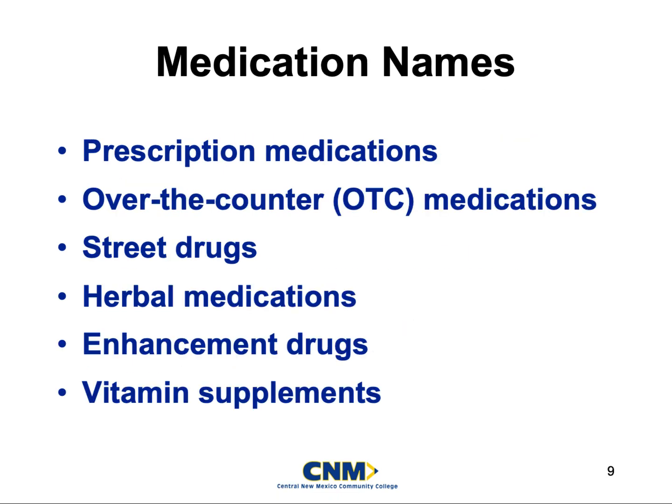For medication types, we also have prescription medications, over-the-counter medications, illicit street drugs, herbal medications, some enhancement drugs such as your steroids or human growth hormones, and of course all the vitamin supplements out there. In EMS, we're really concerned, obviously, about prescription medications.